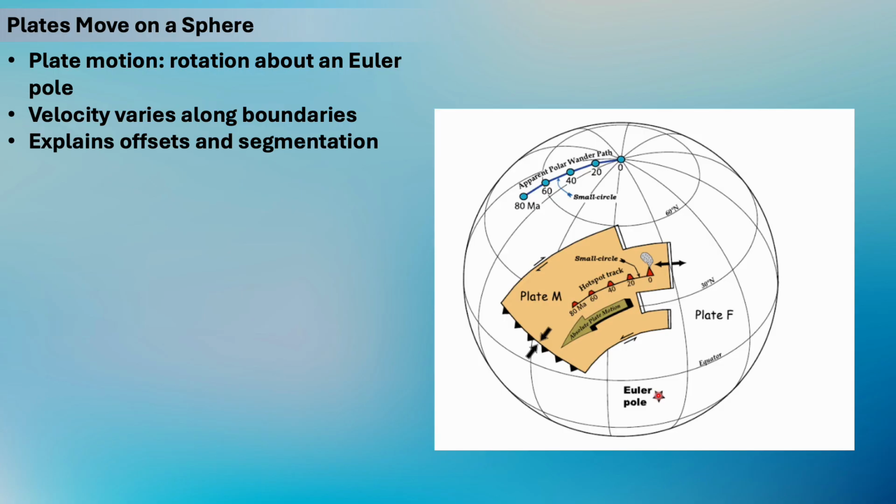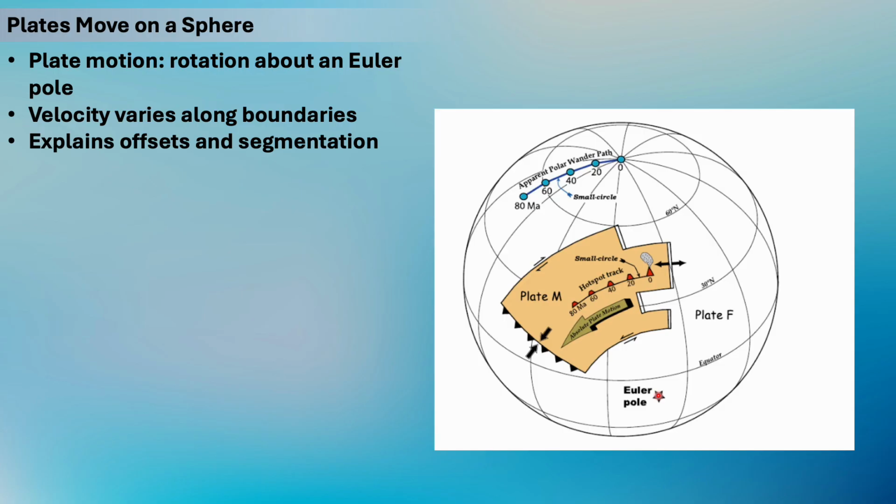The direction of motion also changes along the boundary. This variation in speed and direction explains why plate boundaries are often broken into segments, why mid-ocean ridges are offset by transform faults, and why a single boundary can show different behaviors along its length.